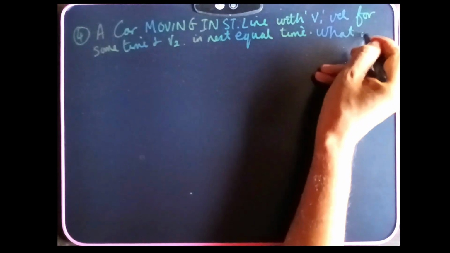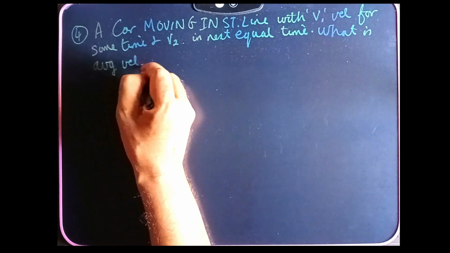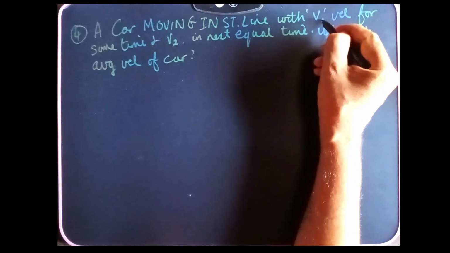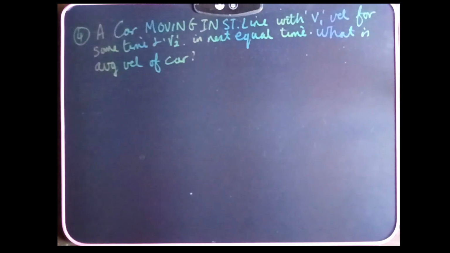What is the average velocity of the car? These are constant velocities. v1 and v2 are constant velocities at their respective time.